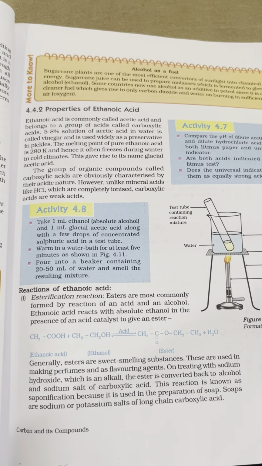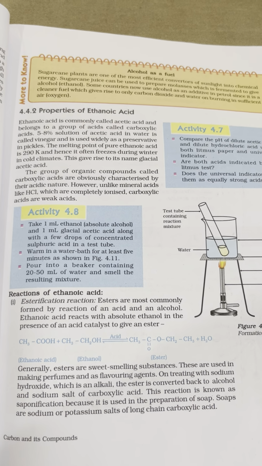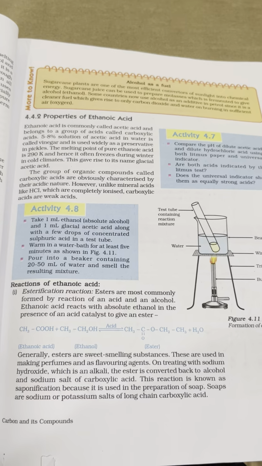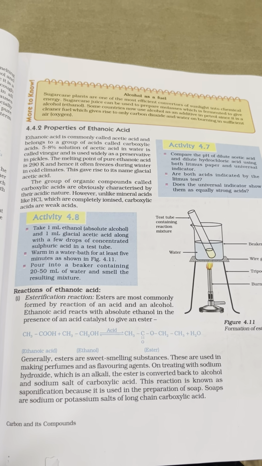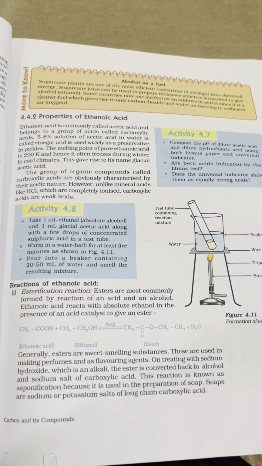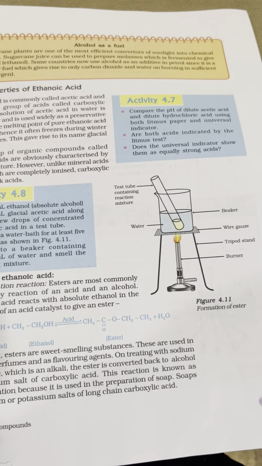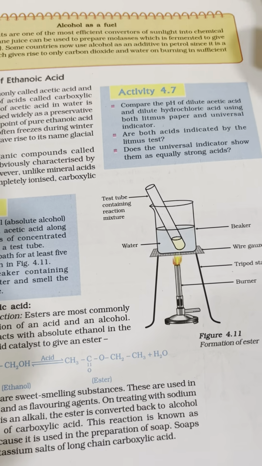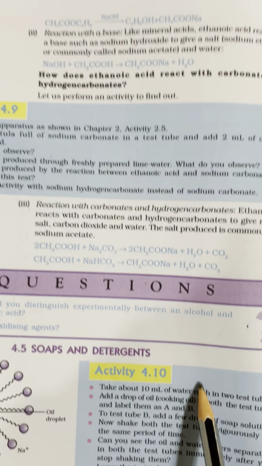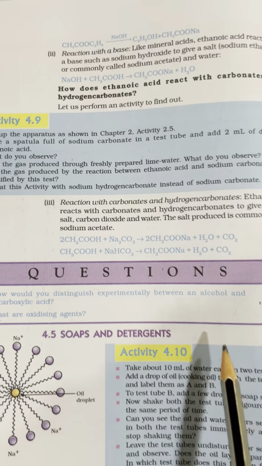This reaction is known as saponification because it is used in the preparation of soap. Soaps are sodium or potassium salts of long chain carboxylic acids. Formation of ester, see figure 4.11. Now you can see the various reactions.